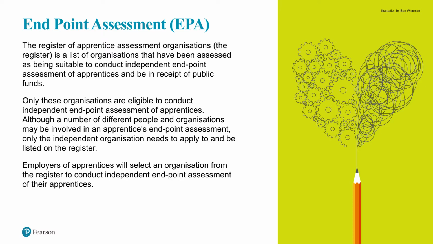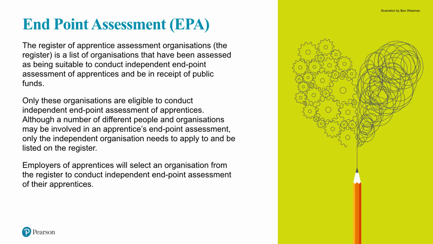So what you need to be really clear on is that within your apprenticeship programme you only use an organisation who is on that register. They are the only people who are allowed to conduct the endpoint assessment for any standard that you wish. So you need to be working with your employer to select an organisation from the register to conduct your endpoint assessment.